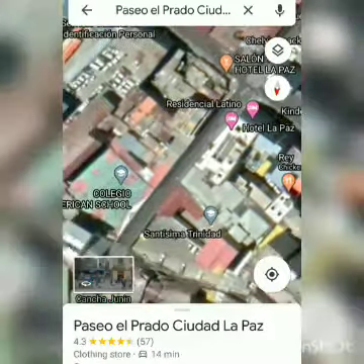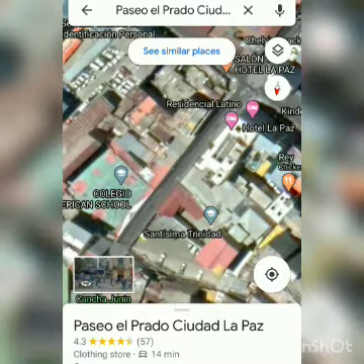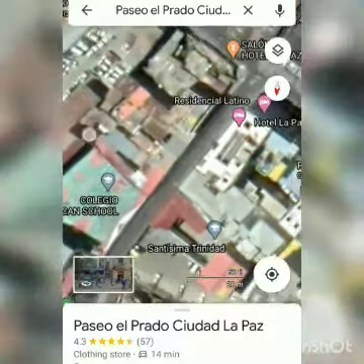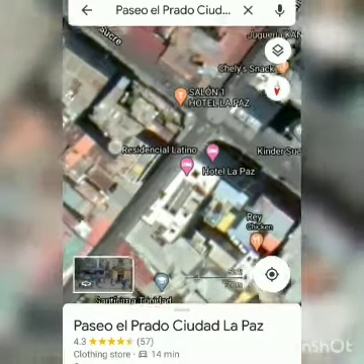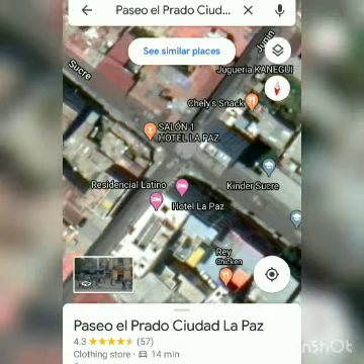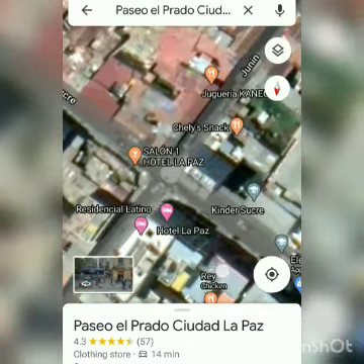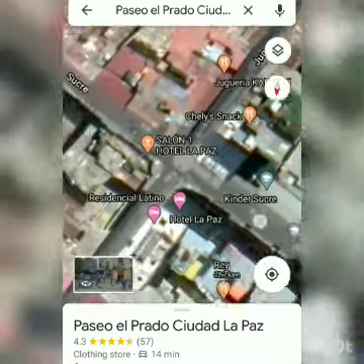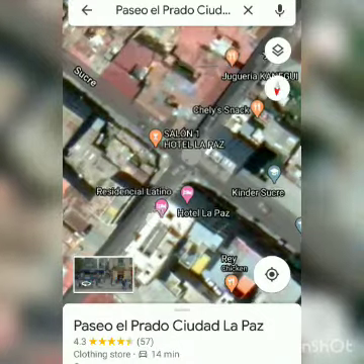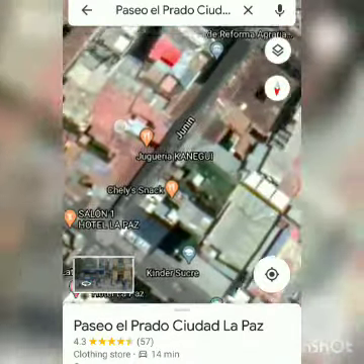Let's suppose we have to go to a chicken restaurant, a very famous chicken restaurant in Prado Avenue. We have to use our directions, okay? So we go to Junín Street. We have to pass Sucre Street, right?